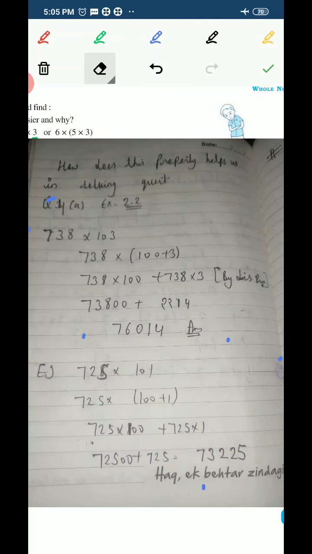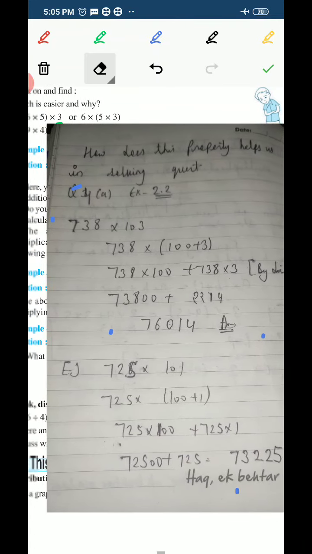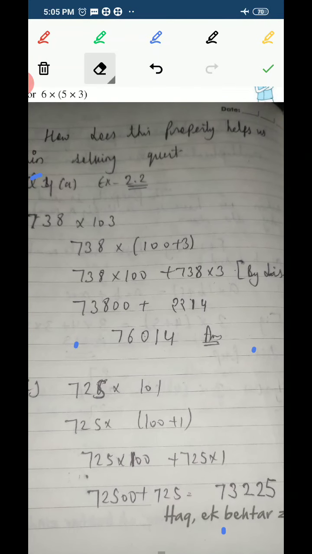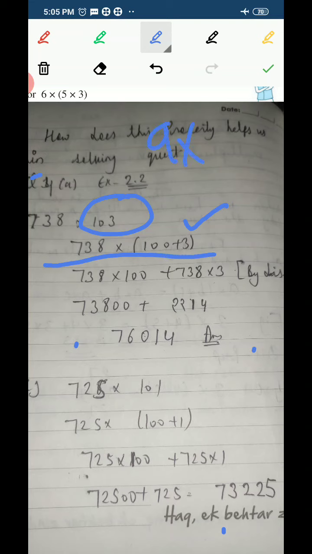Let's see what we did. First of all, we split the number 103 into addition form. We write it as 100 plus 3. We bring it into the form of the distributive property. What is the form of the distributive property? A into B plus C. This is the standard form, A into (B plus C).